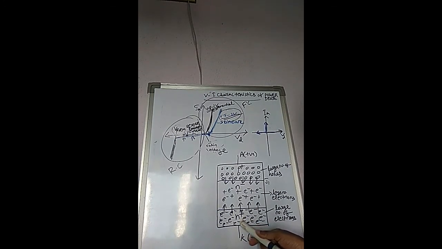P layer means majority charge carrier is holes, but P plus means a large number of holes are there. Similarly, N minus is lightly doped N layer, and normally in an N layer the majority charge carrier is electrons, but it is N minus, so it has fewer electrons. Similarly, N plus means majority carrier is electrons, highly doped, that is a large number of electrons in this layer.